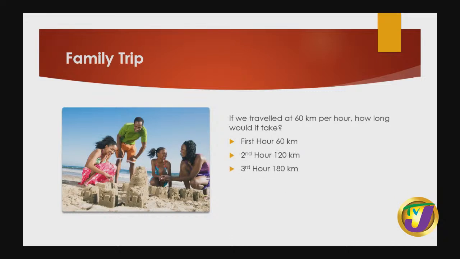So we would need 3 hours traveling at 60 kilometers per hour to reach our destination. Time would therefore be 180 divided by 60, the average speed, and that would give us 3 hours.